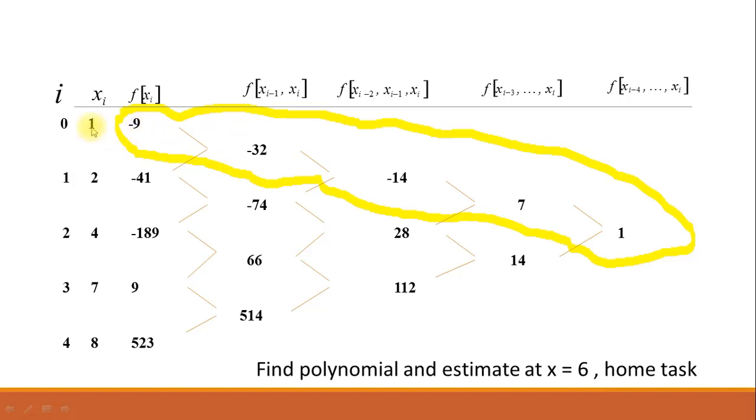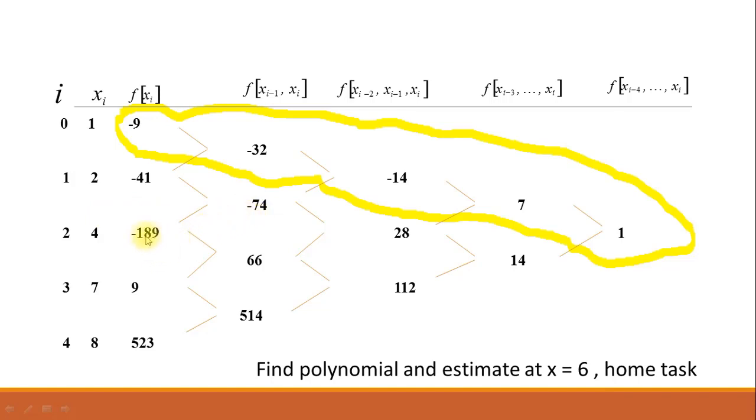Difference of these two divided by difference of these two, we get minus 32. Now subtract minus 41 from minus 189, and then subtract 2 from 4, and then divide the difference of these numbers by the difference of these numbers, we get minus 74.